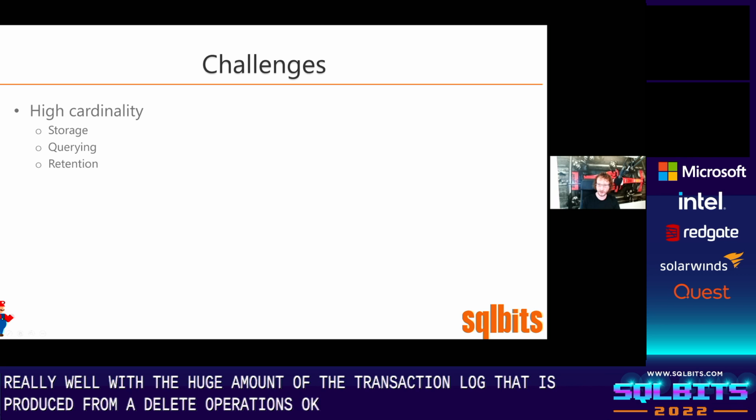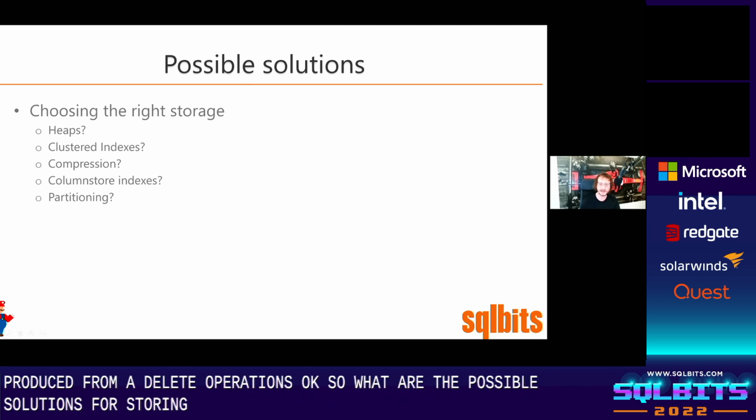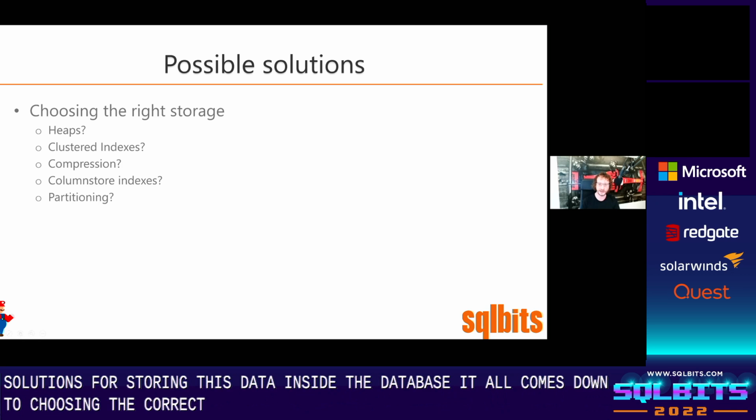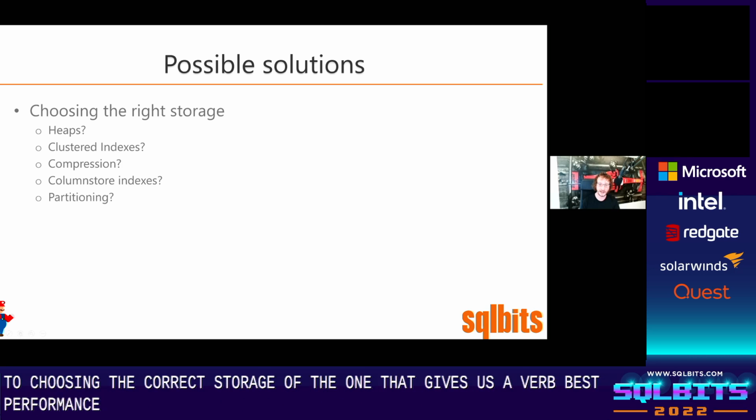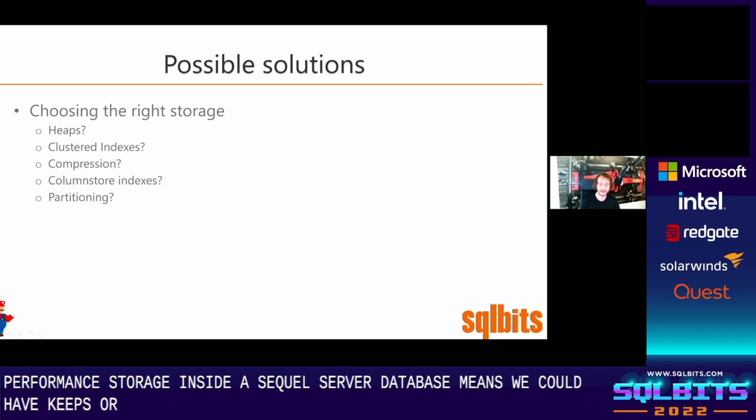Okay, so what are the possible solutions for storing this data inside the database? It all comes down to choosing the correct storage, the one that gives us the best performance. The storage inside a SQL Server database means we could have heaps or clustered indexes.